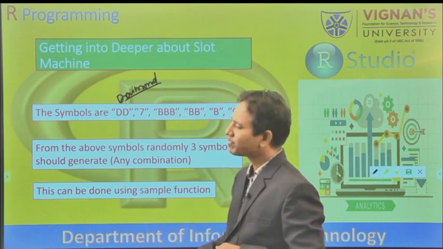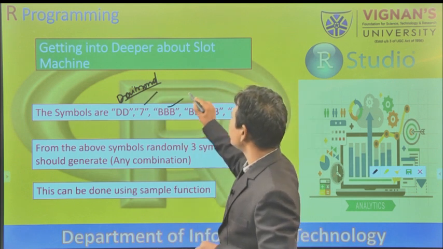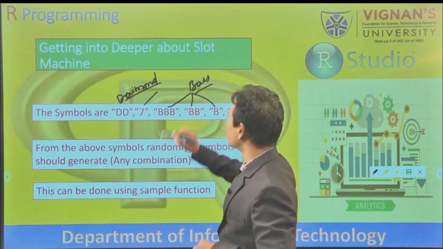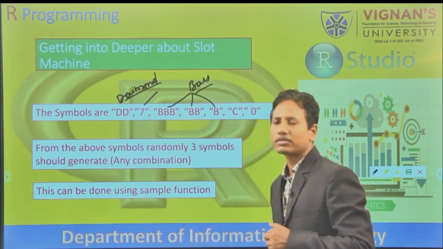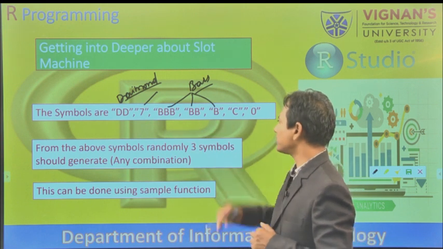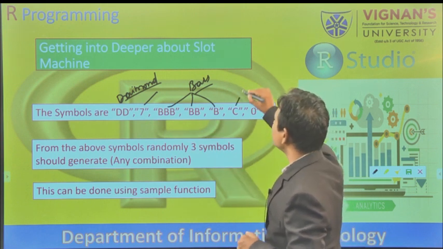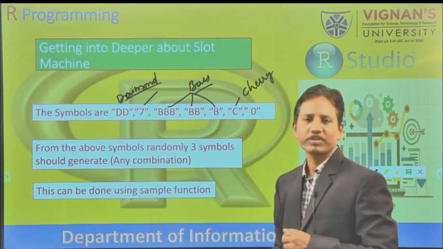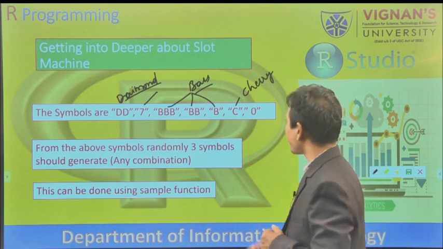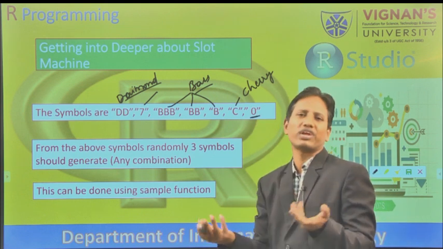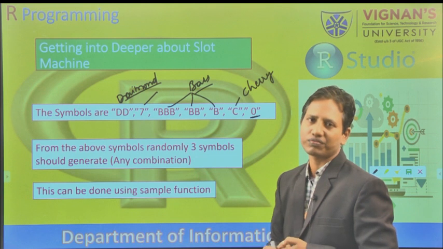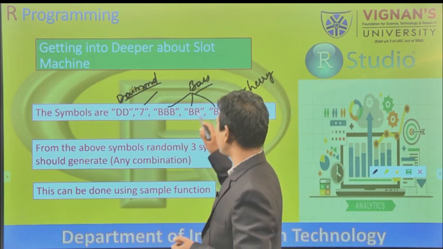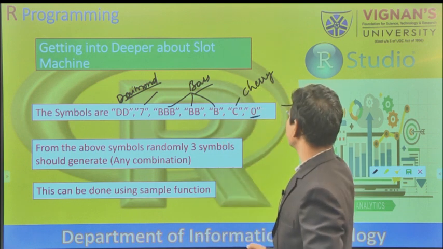It's a diamond symbol, and this is 7, and these 3 are called the bars: triple bar, double bar, and single bar. This C is generally called cherry. Cherry symbol, and this is 0. You won't get anything if you get this 0. So these are the 7 symbols: 1, 2, 3, 4, 5, 6, 7 symbols.